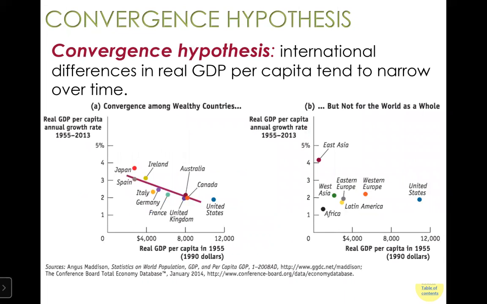All right, so now here we are going to look at the convergence hypothesis. This hypothesis says that over time, the real GDP per worker difference will narrow. Where does this convergence hypothesis come from? It actually comes from the diminishing return to physical capital.